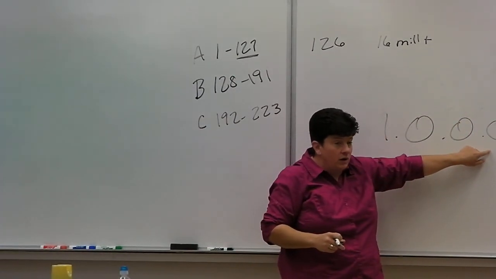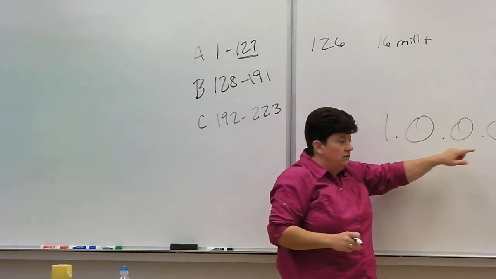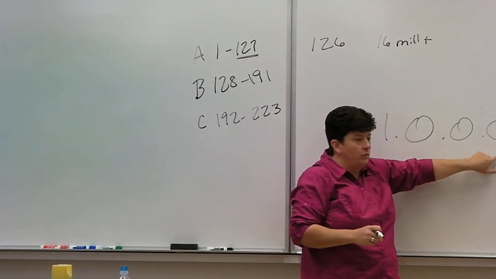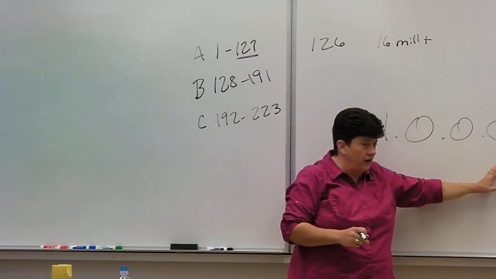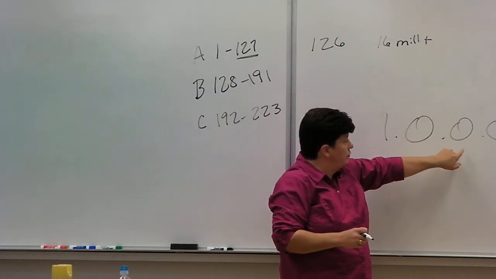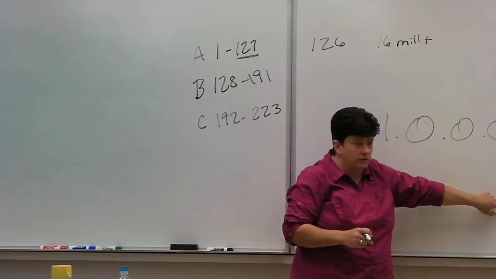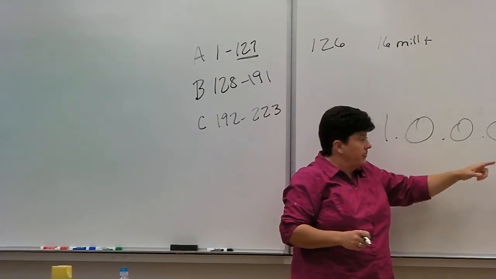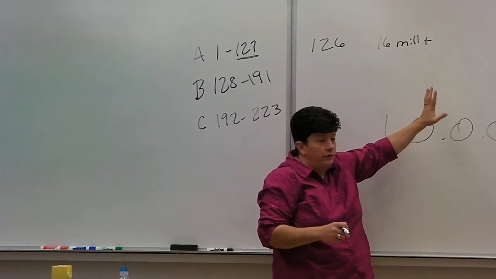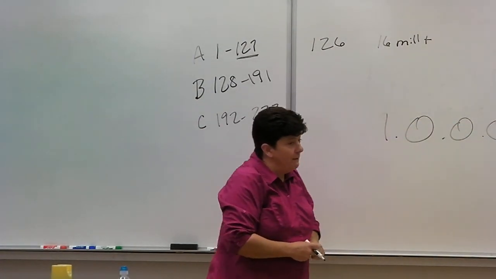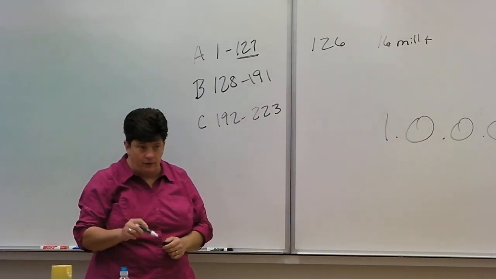That's my network ID. Then I can assign .1, .2, .3, .4, all the way to 255. Then I can change this octet to 1.1, 1.2, 1.3, and so on. And by the time I take all of these up to 255, I have over 16 million different address combinations.